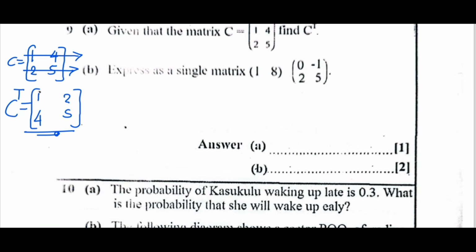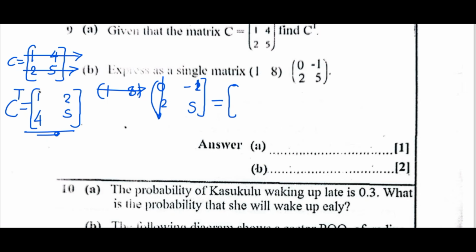Then express as a single matrix. So we have it here, 1, 8. So this one now we are going to have, this should be 1. It's a multiplication where we use row by column. So this row times this column.